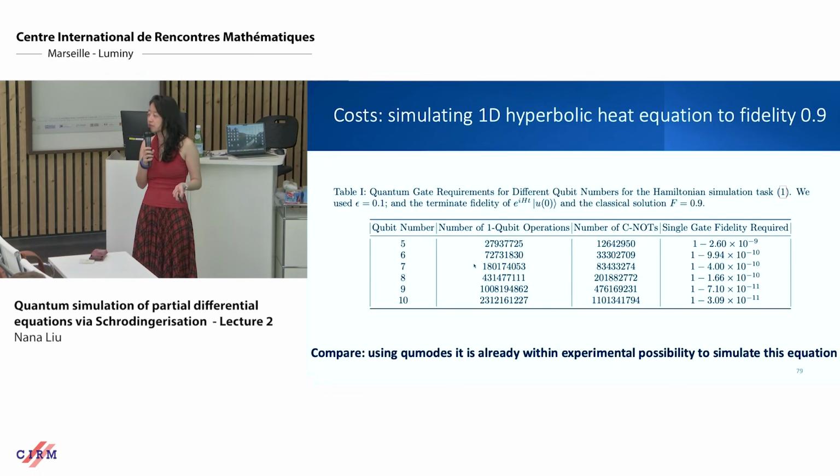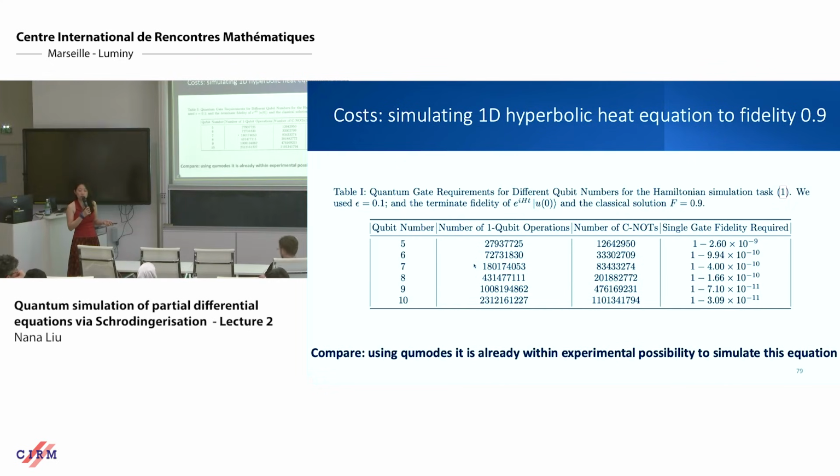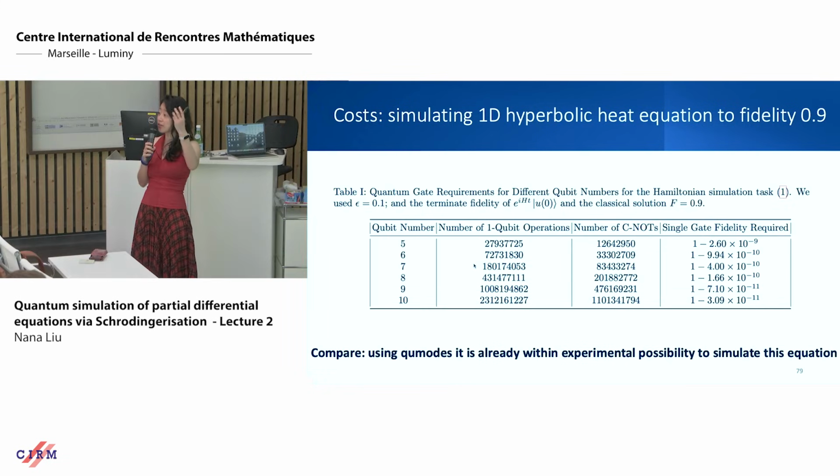Yes. So here it's a little bit different. Here, this is completely discretized, right? So what that means is that the structure that you have is a little bit lost.